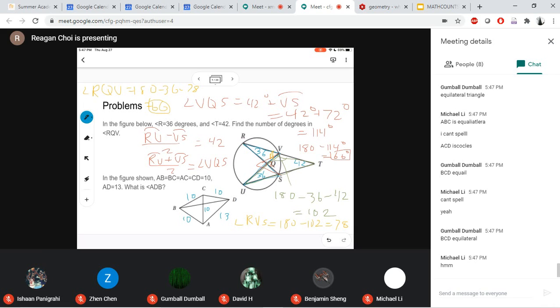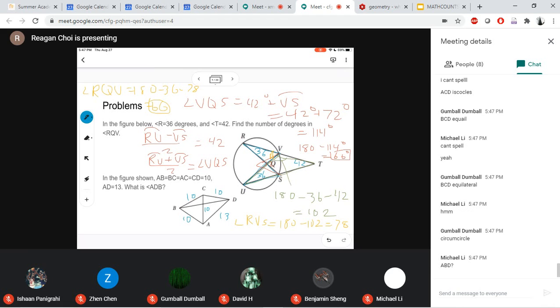Some type of circle. It may not be the most intuitive, but ABD. Yeah. Let's draw the circle of ABD. What's special about the circle of ABD?